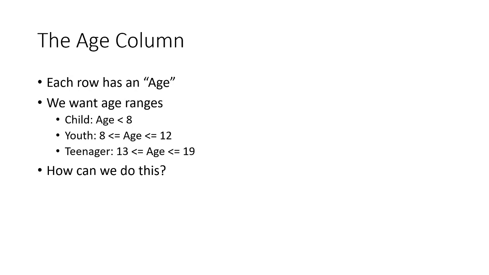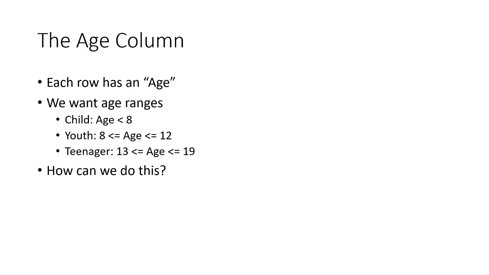Because then we could run some of our grouping on these age ranges. In fact, I'm not even sure we'd be able to do that because R is interpreting age as a numeric value right now. We don't even have a categorical value for age. So we want to construct a category called age range.